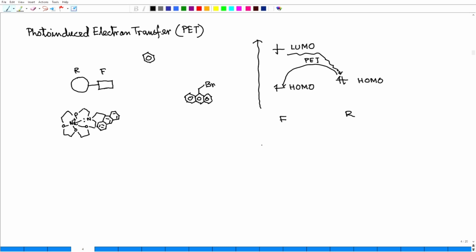What will happen then if I put sodium? This is energy. If I put a sodium ion, then this is the LUMO, this is the HOMO of the fluorophore, and the HOMO of the receptor will come here.